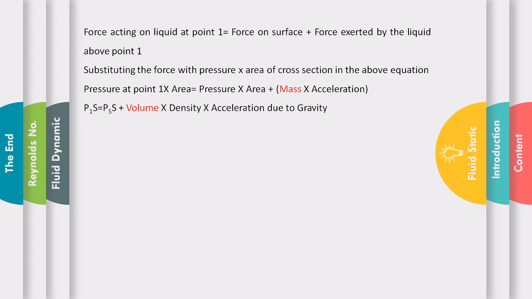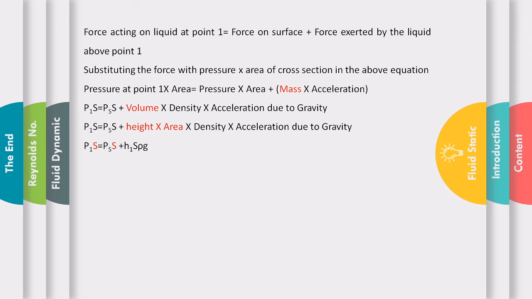Now again replacing volume with height into area, we can write P1S equal to PsS plus height into area into density into acceleration due to gravity. So P1S equals PsS plus h1S rho g.